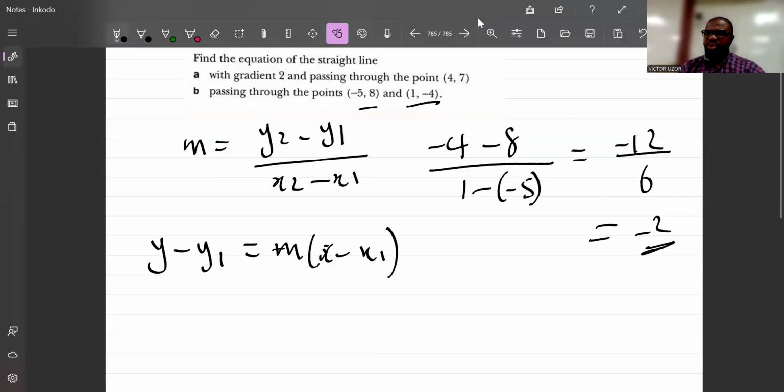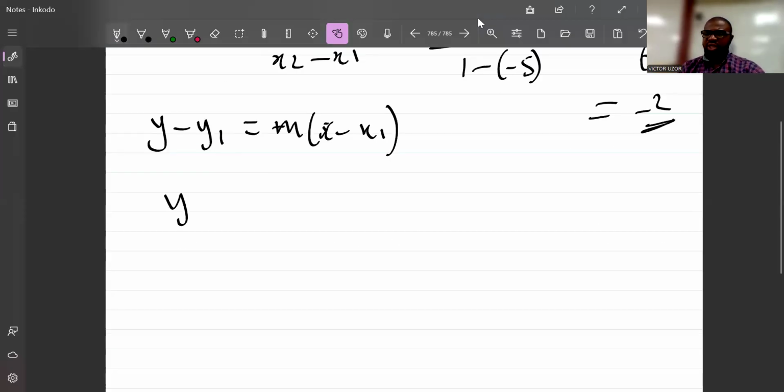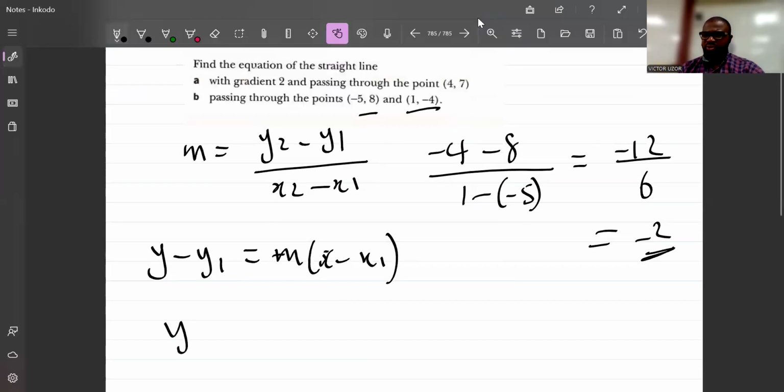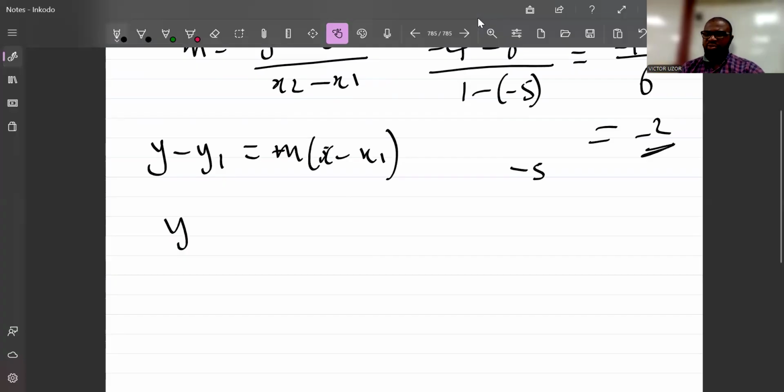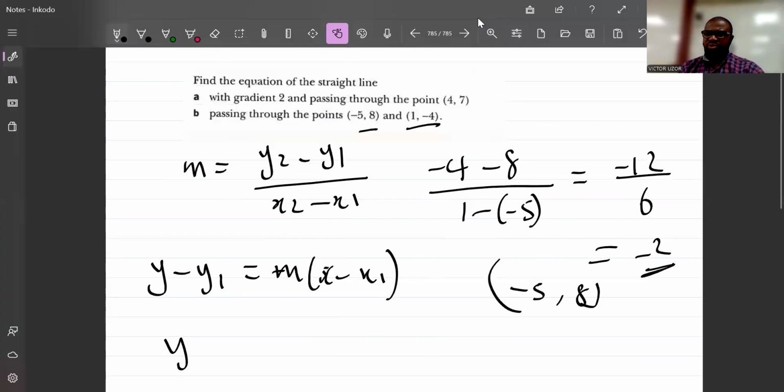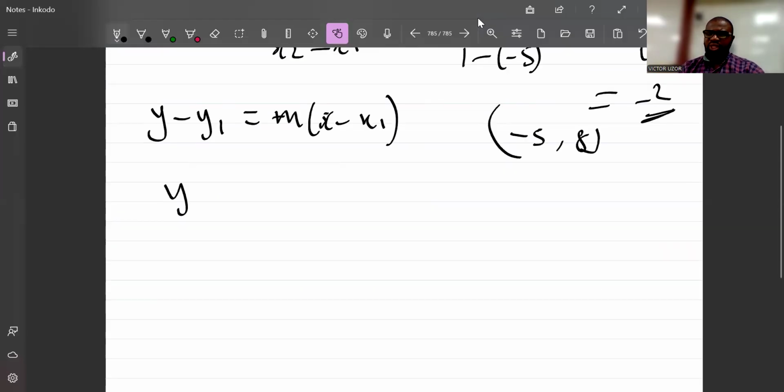Now let me put the numbers there. I'll use minus 5, comma 8. If I use that one, I have y minus 8 equals minus 2 in bracket x minus 5, close the bracket.